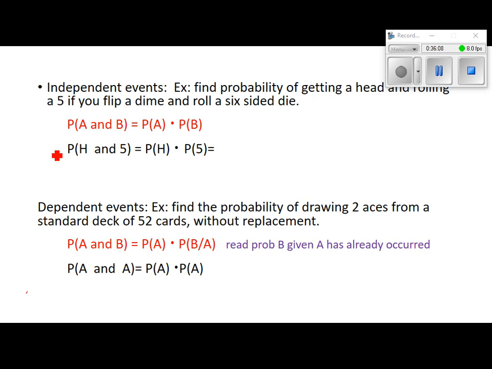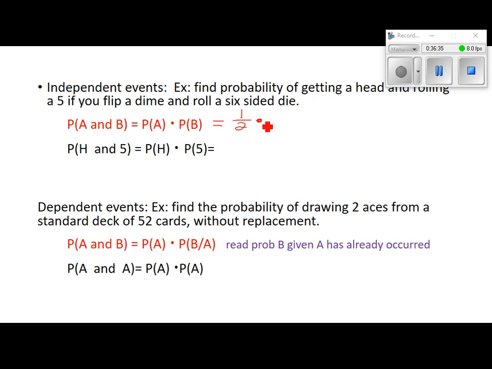Find probability of getting a head and flipping a 5. And I'm rolling a 5. So if I flip a dime and I roll a 6-sided die, probability of getting a head is what? What's the probability of getting a head on the dime? 1 out of 2.